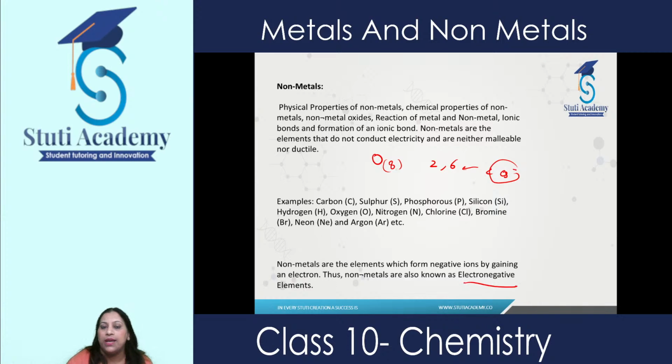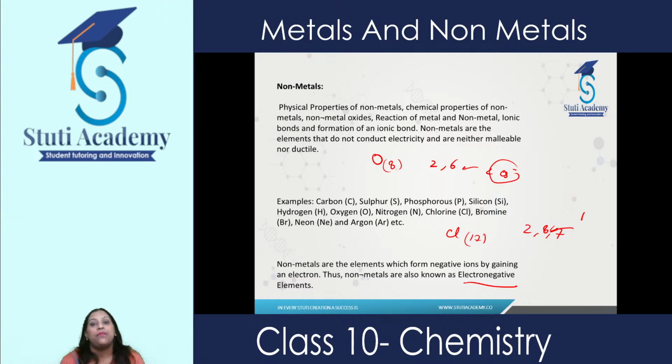Or let's take an example of chlorine. Atomic number is 17 and its electronic configuration is 2,8,7. So it also takes 1 electron. So they are accepting electrons.